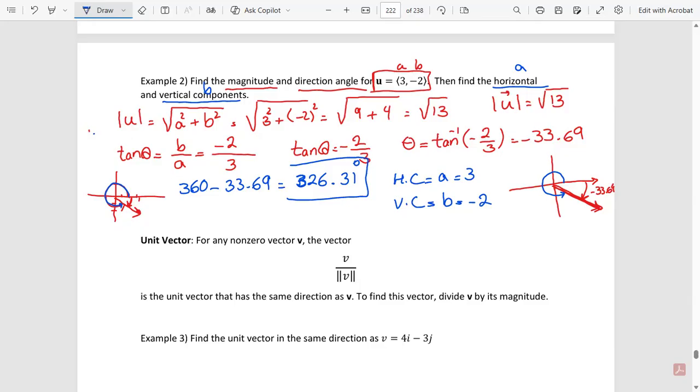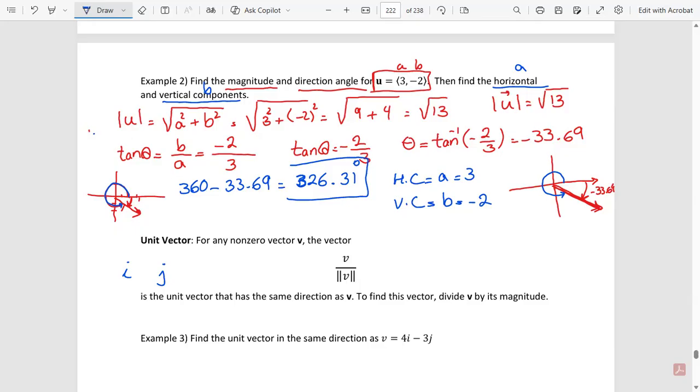Now we want to find another unit vector. When we talked about unit vectors, we talked about the two famous unit vectors, one along the x-axis and one along the y-axis.